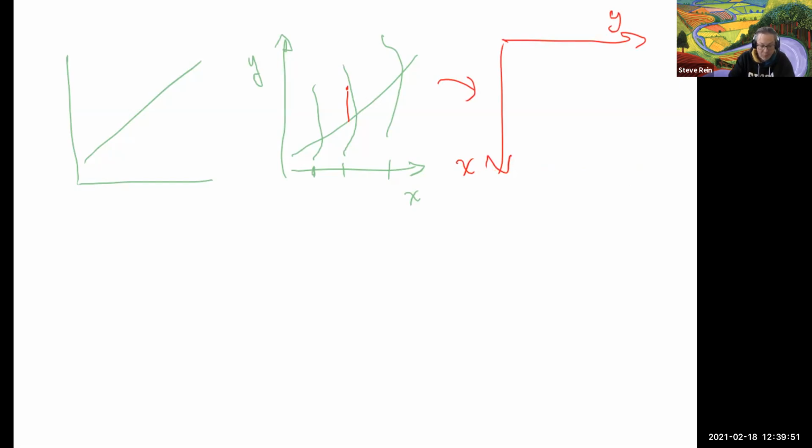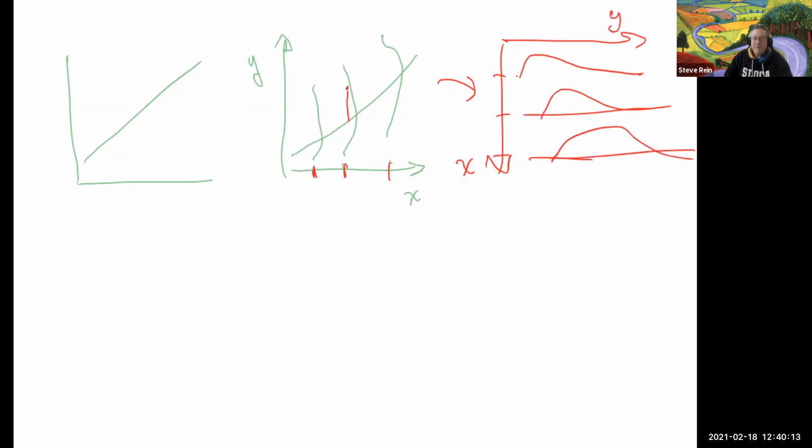For the low x's, I've got a histogram of the y's. For the medium-sized x's, a histogram of the y values. For the large x's, a histogram of the y values. If that's the pattern you see, skew right and skew right, you're definitely going to want to fix that skewness.